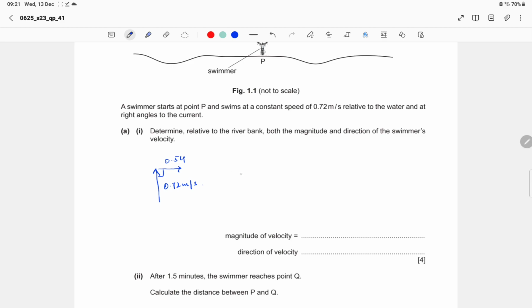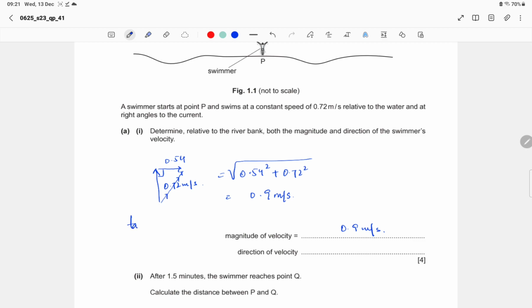It's going to be the square root of 0.54 squared plus 0.72 squared, and this will give you 0.9 meter per second. So this is going to be 0.9 meter per second.